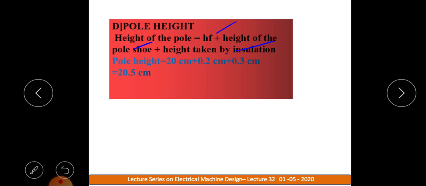Now this height of pole shoe, we are going to take as 0.2 centimeter, and height taken by insulation is 0.3 centimeter. Overall, the height of pole shoe plus height taken by insulation is taken as 50 mm or 0.5 centimeter.